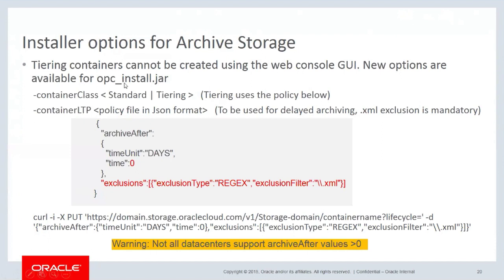But if it's a legacy account, you may be stuck with this limitation of only using 0 as the archive after policy. You would see it, because if you try it, you will get an error that says you can only use 0 as a value for archive after if you are in one of those data centers.